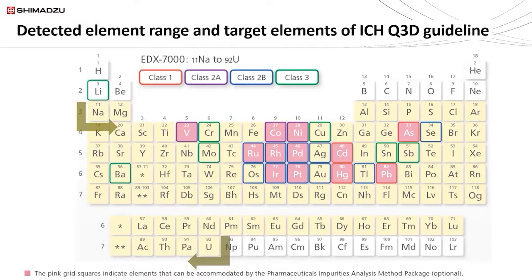There are the class 1 elements, notoriously called the big four: cadmium, mercury, lead, and arsenic. Then class 2 elements, the class 2B elements, which are the catalyst-centric elements like rhodium and palladium, and the class 3 elements. All these classes can be analyzed by XRF except for lithium.